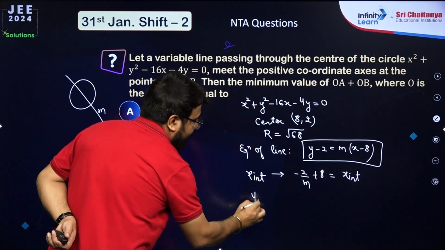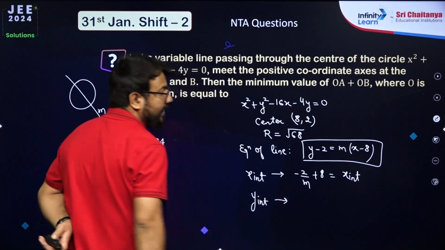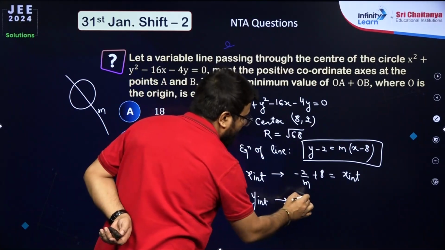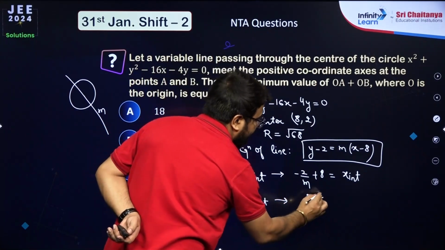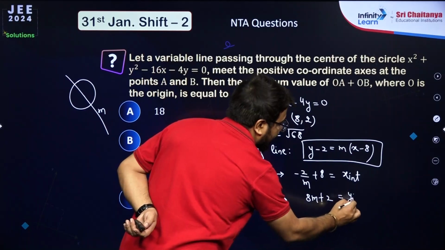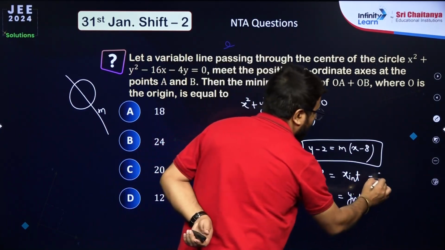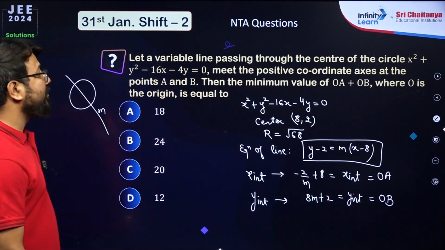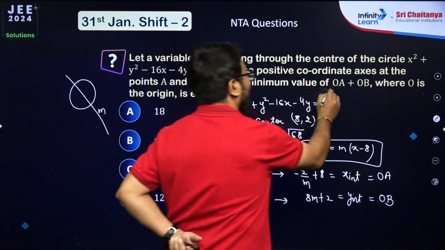And for y-intercept, I need to put the value of x as 0. If I place x as 0, it will become minus 8m plus 2. That will be the y-intercept. This is actually the OA distance, and this is actually the OB distance. Now they are asking to create a function and minimize OA plus OB.